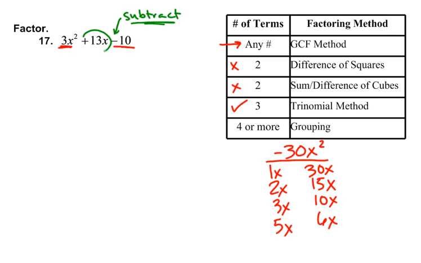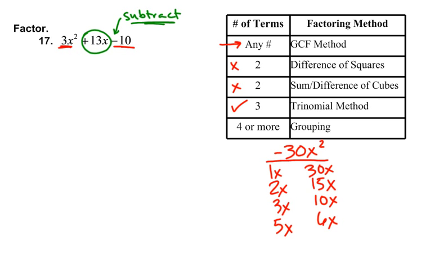to make positive 13. Again, we look at the sign of the last term, and it tells us whether we should be adding or subtracting. So you have to be careful with this one, because it could go a couple ways. As you're looking at it, you might see two combinations that can make 13.